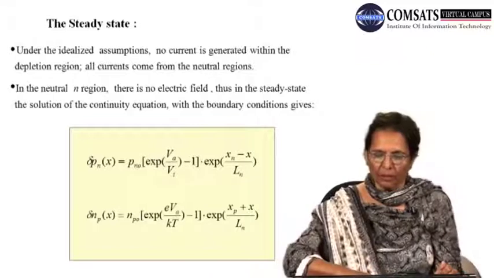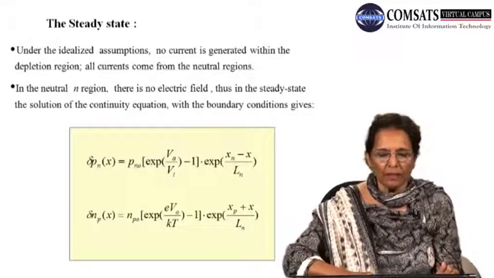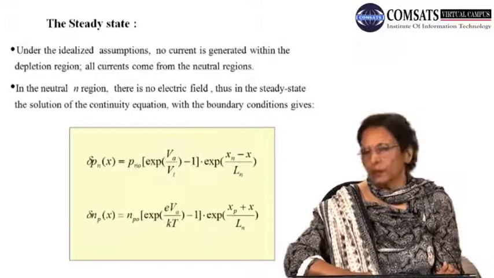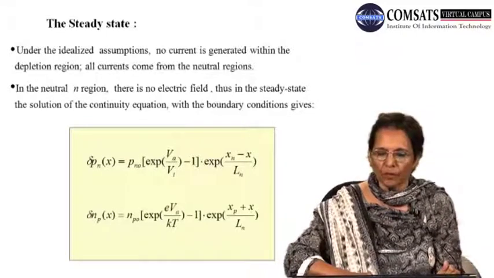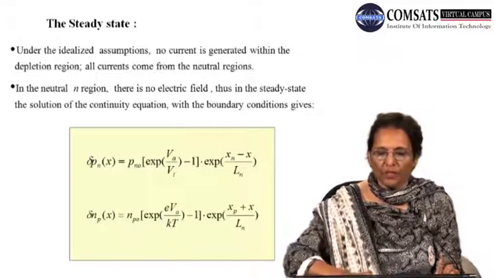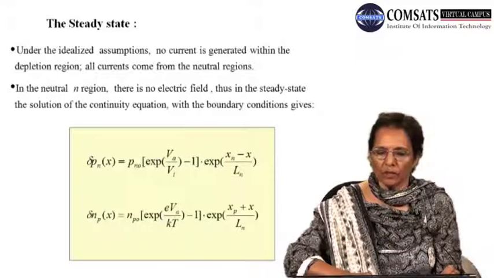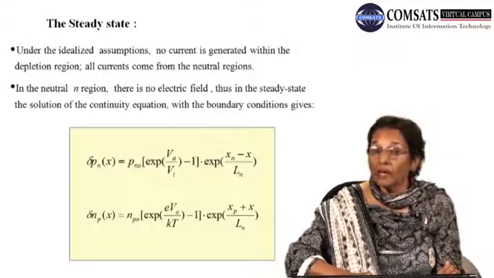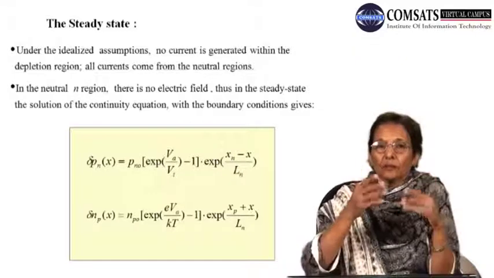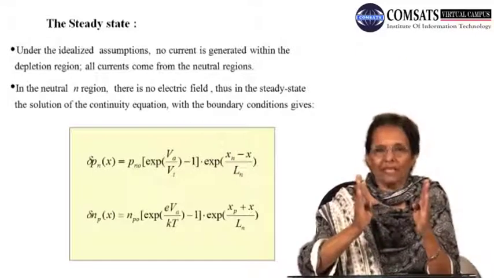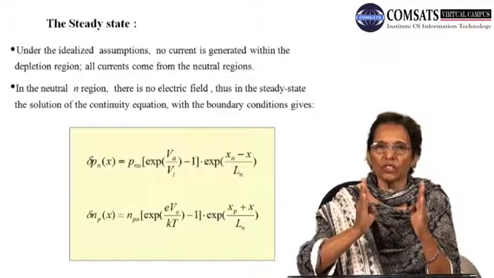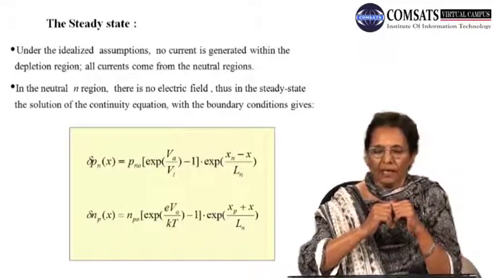Here is more or less the same result, using the same assumptions which we elaborated in the previous slides. And as I mentioned again, no current is generated within the depletion region. Why? Because by terminology, the depletion region is a region which has been depleted of mobile holes and mobile electrons.